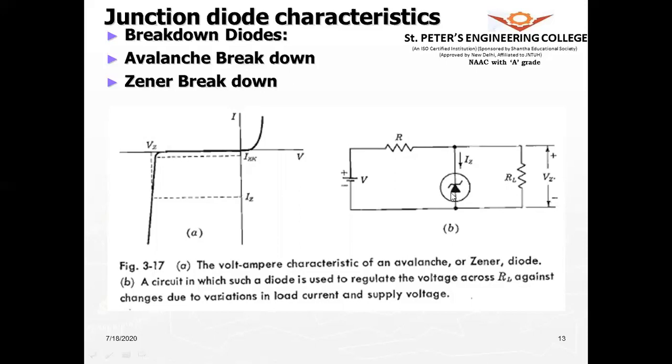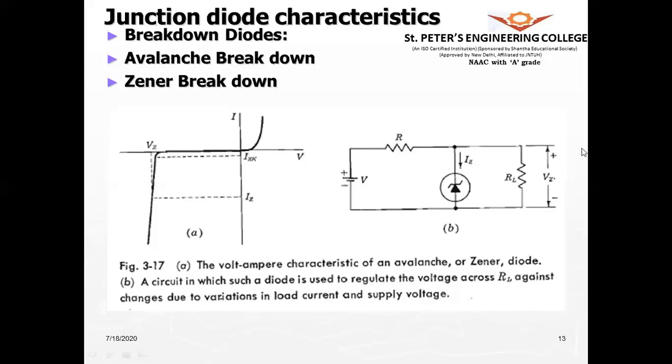When the voltage varies or there is slight variation in the load resistance also, this diode does the reverse breakdown. Because of the reverse breakdown process, there is a current that flows and maintains a constant output at the RL.